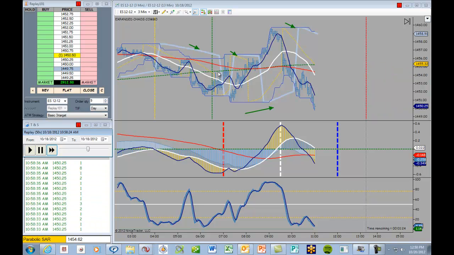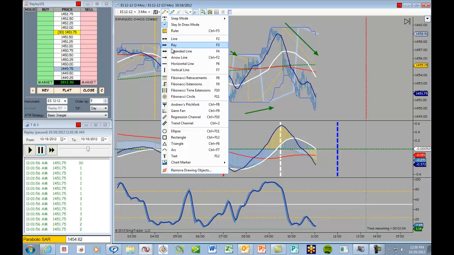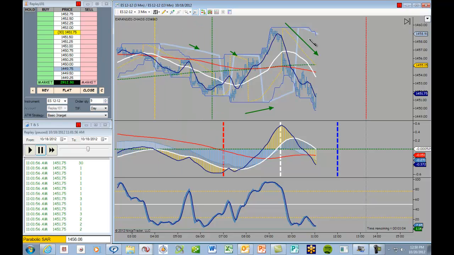That's what we like to see. Now, this is how we're going to do that. We'll draw this as the original trade, and then I'll draw the secondary trade like so.